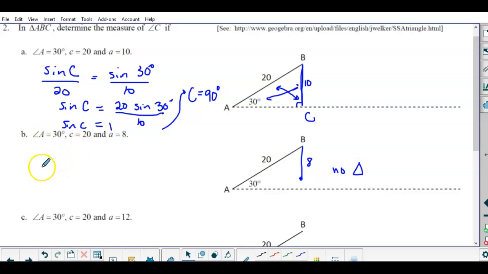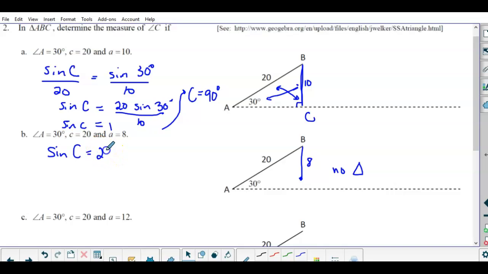Let's see what happens if you didn't realize that, because maybe you didn't do a diagram. So notice how it's basically the same here. I'm just going to go to my step for solving, because it's going to be sine C. We're given the exact same information, sides and angles, but different measurements.